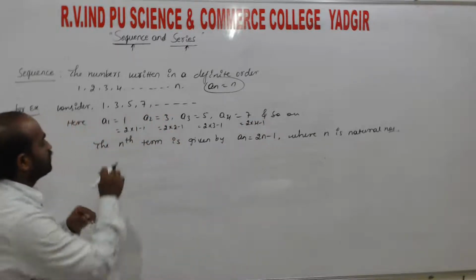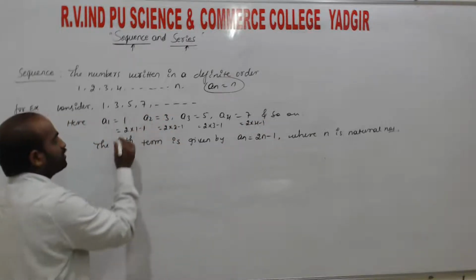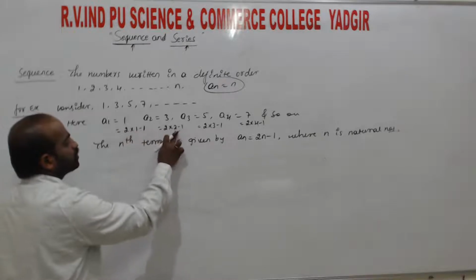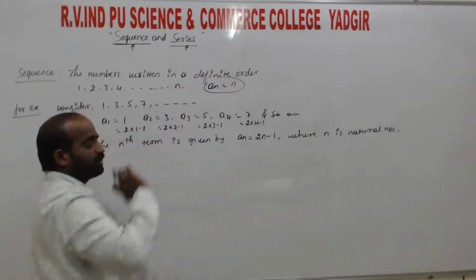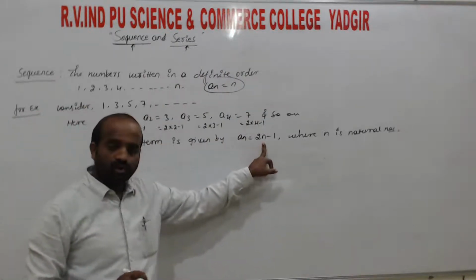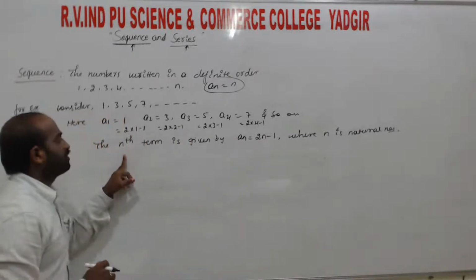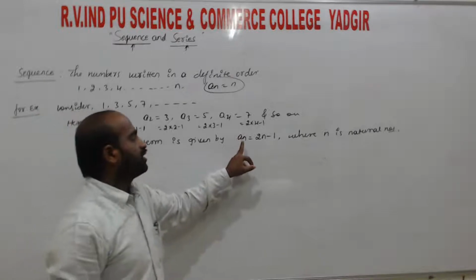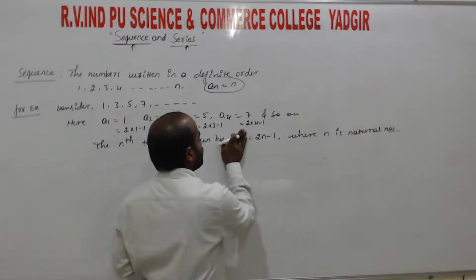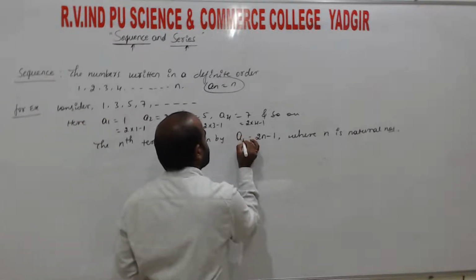This means minus 1 will be constant, and n is equal to 1, 2, 3, 4, and so on. The nth term of this sequence is an equal to 2n minus 1.